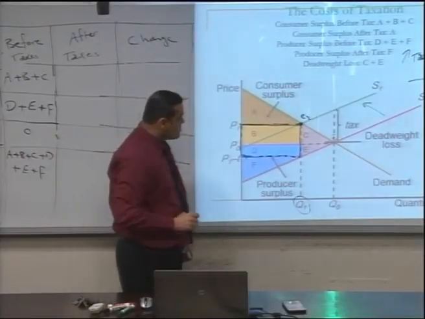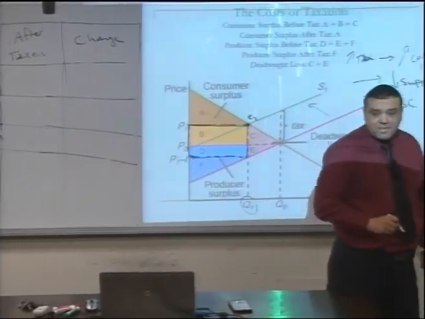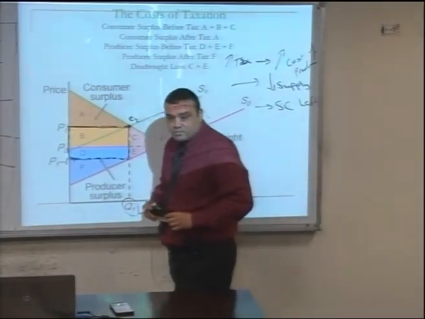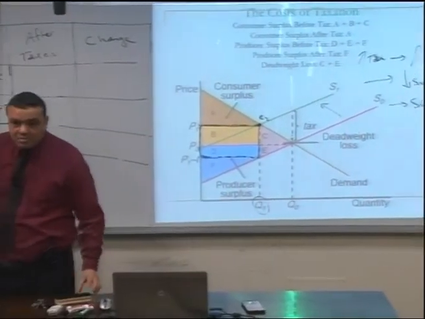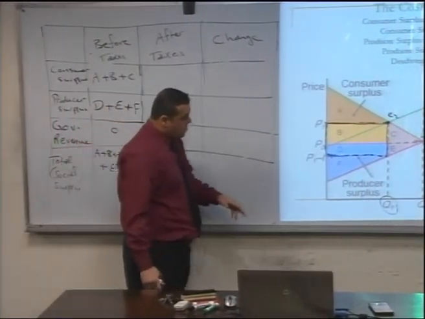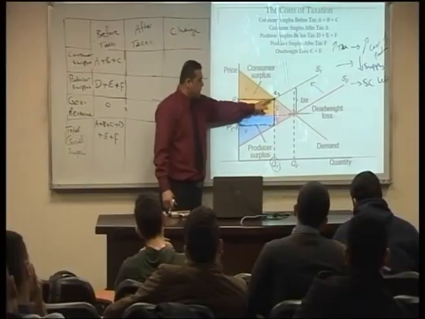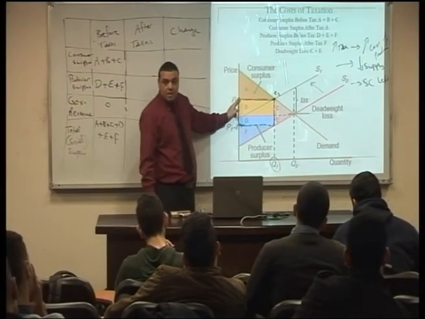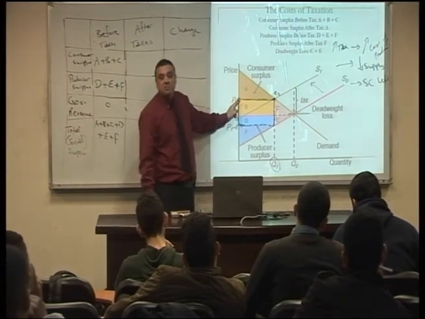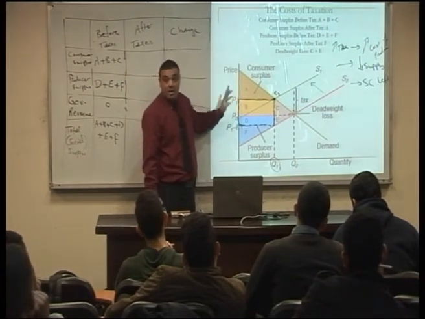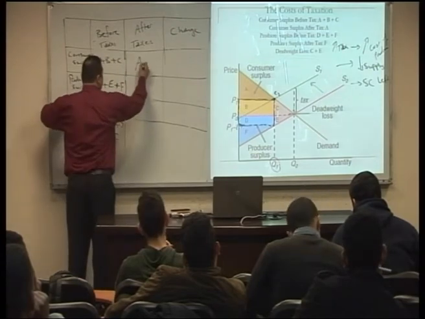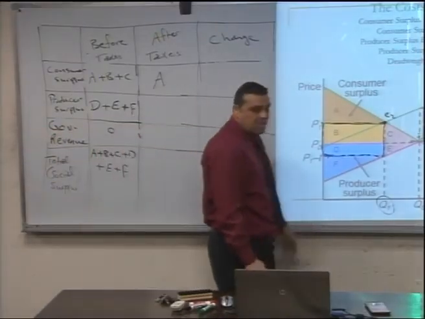What about the consumer surplus and the producer surplus? How can we determine them? At this price here, how much is the consumer surplus? It's just A. What about the producer surplus?